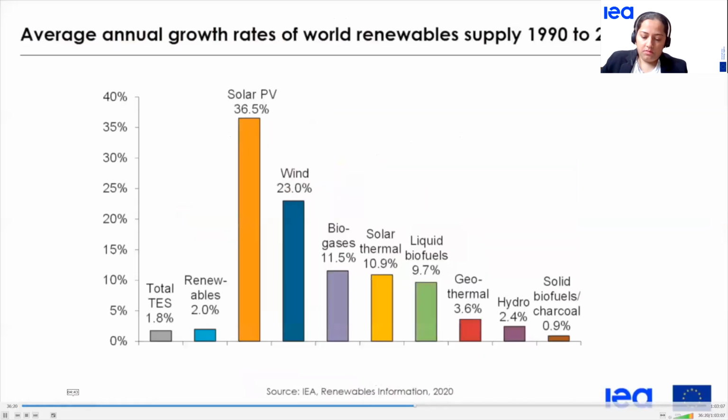Renewable sources are the energy communities that have the largest and most important growth rates in the world. Between 1990 and 2018, solar PV gained 36.5% in productions, followed by wind, biogas, solar thermal, and liquid biofuels, which led to the total renewables to grow of 2%, which is more than the global total energy supply growth in the same period.